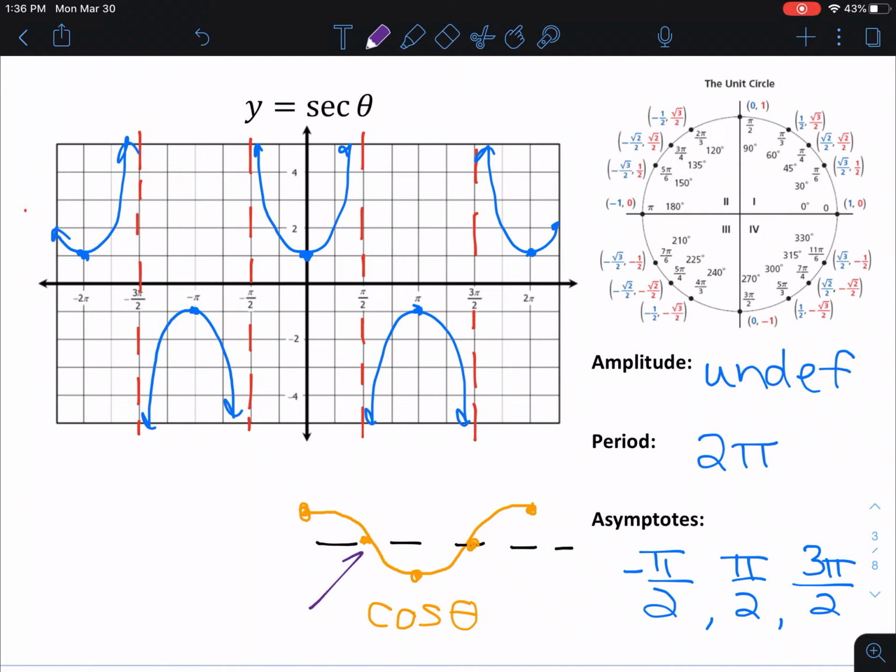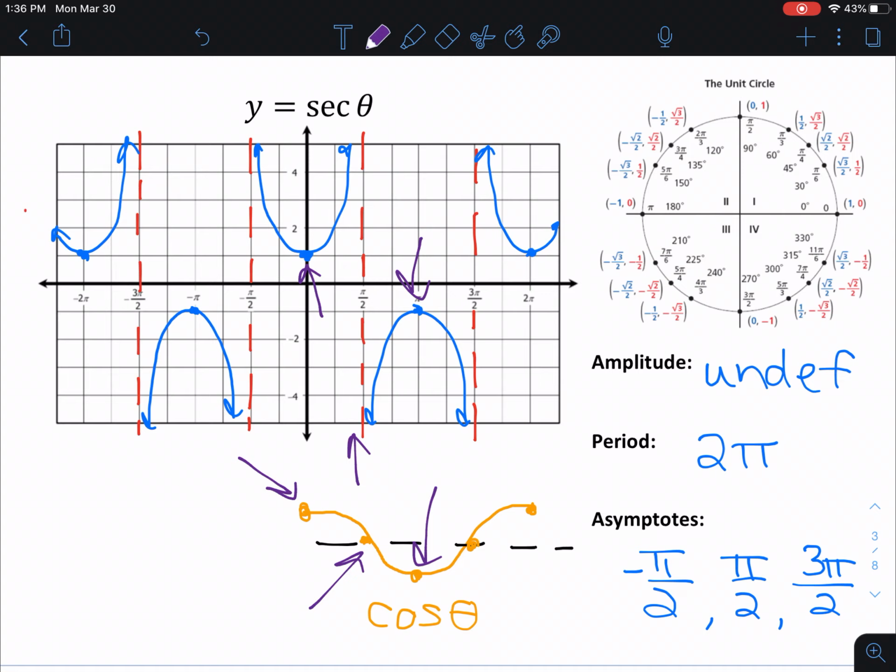On the cosine wave, it starts at 1, so when we take the reciprocal of that, we still get 1, which is how we get that point right there. And then at -1 here, we also get -1 right here. And we just continue that process.